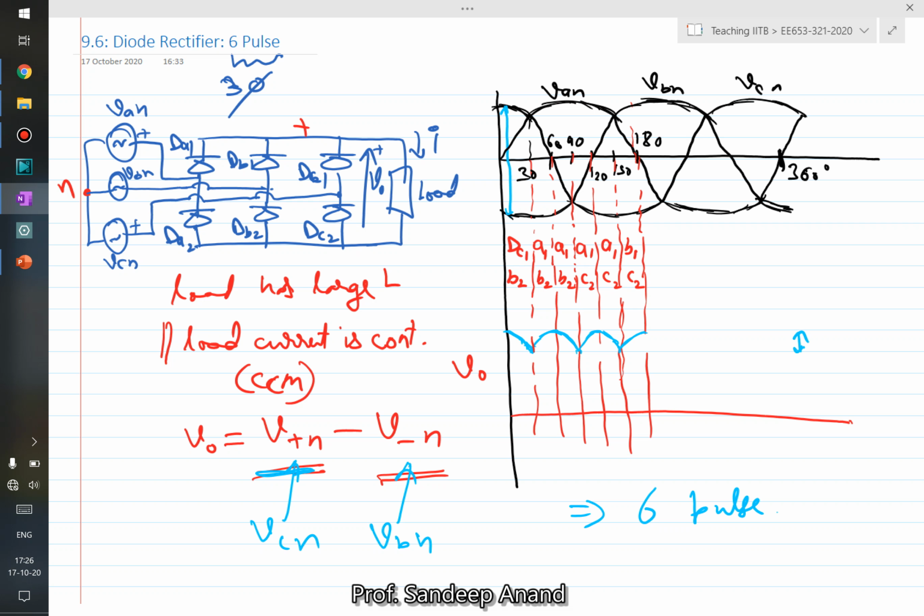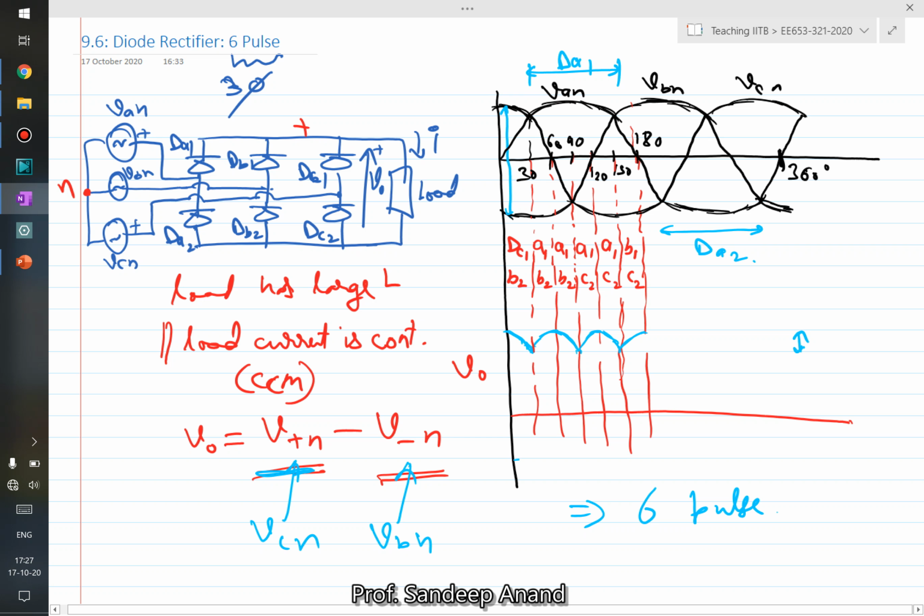Now regarding the current, you can see yourself and understand that, for example, DA1 will conduct in this duration, and DA2 will conduct in this duration, and therefore how would the current look like?